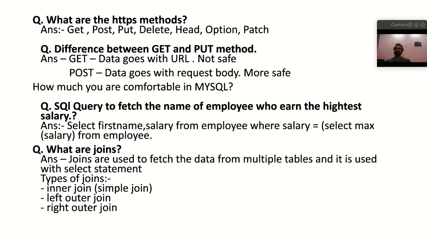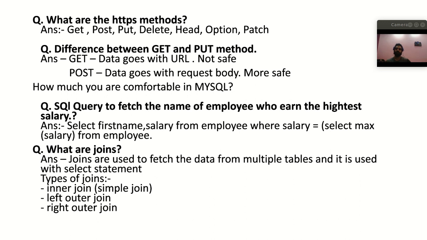So what is an inner join? Inner join fetches the data from two or multiple tables in which the common data is present. Let's say there are two tables and we want to fetch the data which is common between these two tables, then we can use the inner join. In a similar way, there is the left outer join. When do we use it? If you want to fetch the whole data of the left table, but only the common data from the right table, then you can go with the left outer join.